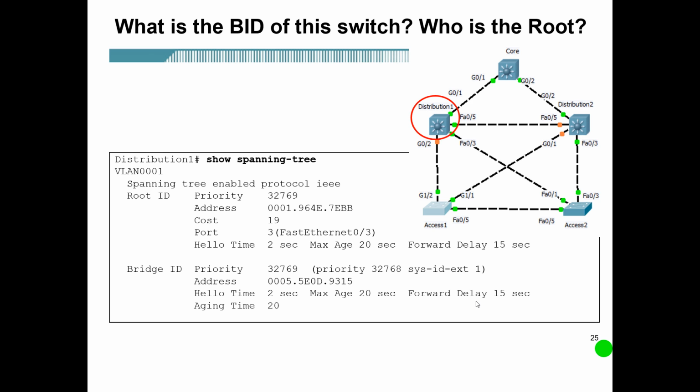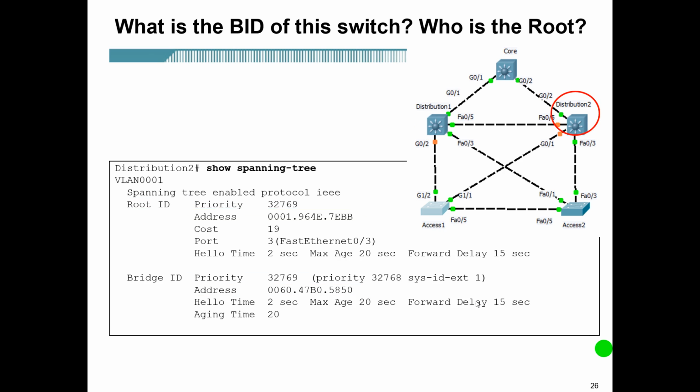If we move to distribution 1, we're going to notice that our bridge ID contains the MAC address of our distribution switch and the MAC address of our root ID. You'll notice that our root ID MAC address is not changing, but our bridge ID MAC addresses are.